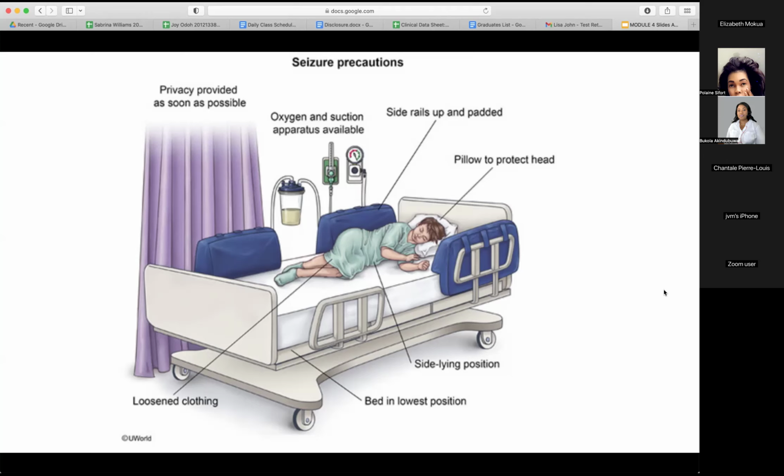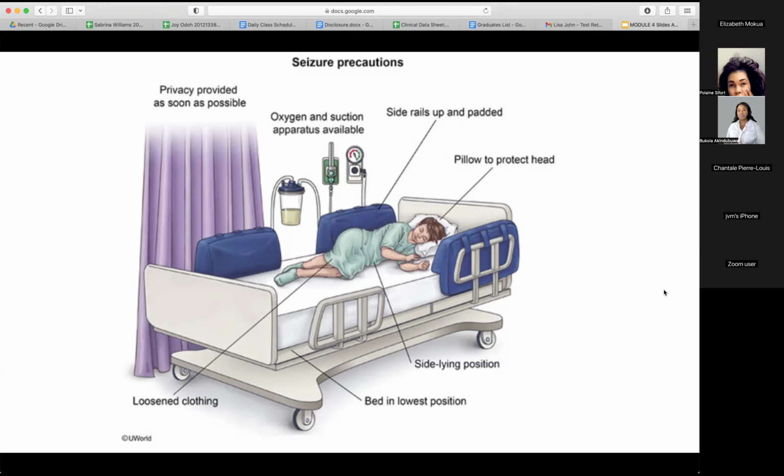Then we have the side rails padded. Why would we pad the side rails? So that he doesn't fall. Yes, to protect him from falling, to reduce injury. Exactly. There's two reasons: to reduce injuries and also to help prevent a fall, okay? Just to add some extra support and protection, okay?